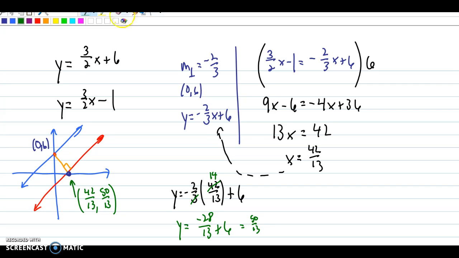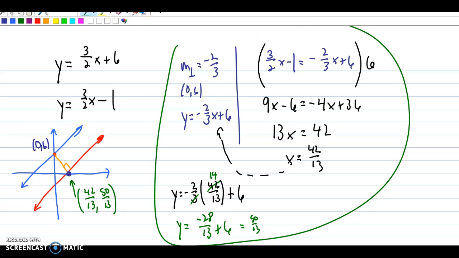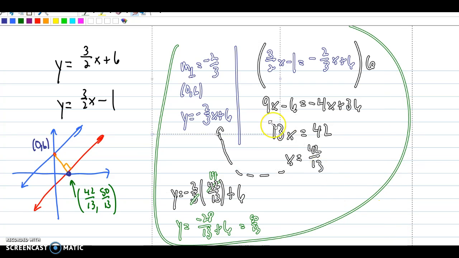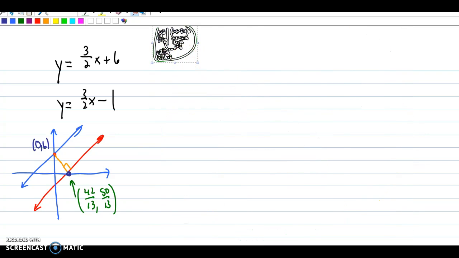All right, so then I'm going to go ahead and clean this up a little bit. We'll take all this and minimize it. Now, the last thing we have to do in this problem is figure out what is the distance between those 2 points. And so I'm going to use distance formula.